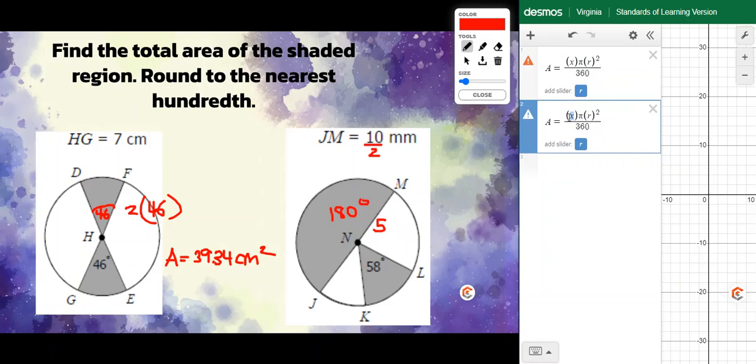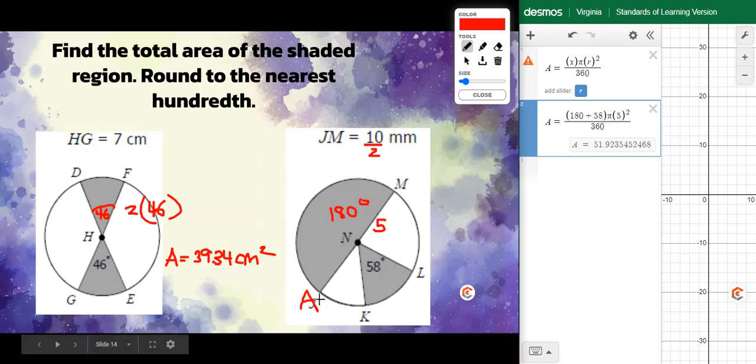My total shaded area is going to include the degrees of 180 plus the 58 degrees, and our radius is going to be 5. That'll leave us with an area equal to 51.92 millimeters squared.